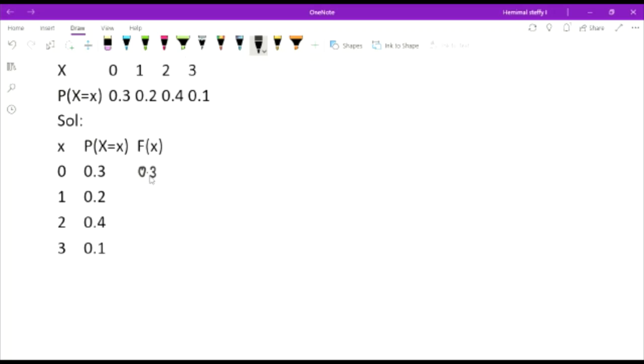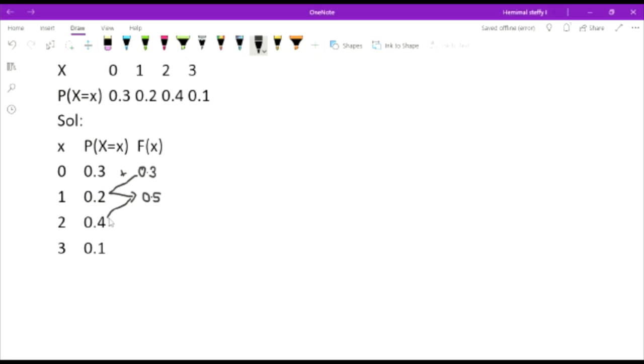Then I go to the next column. I add 0.3 with 0.2. What is the answer? 0.5. Then for the next number I add with the corresponding values, using the zigzag method.